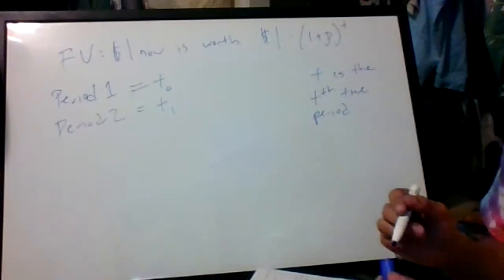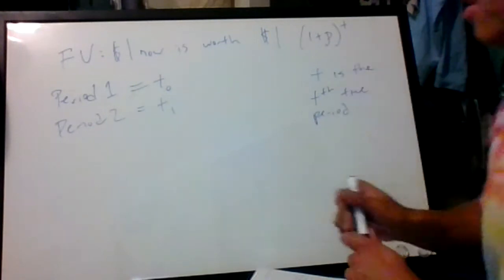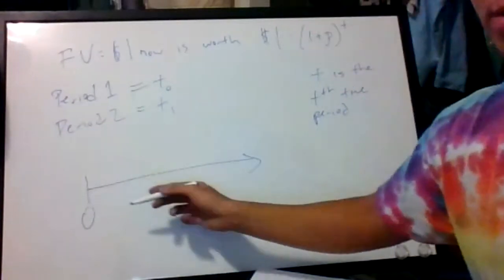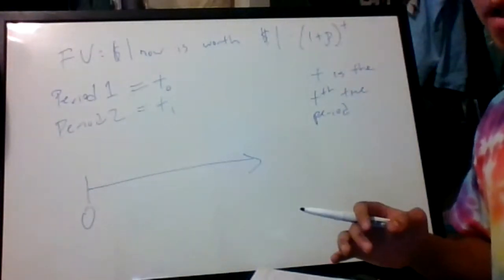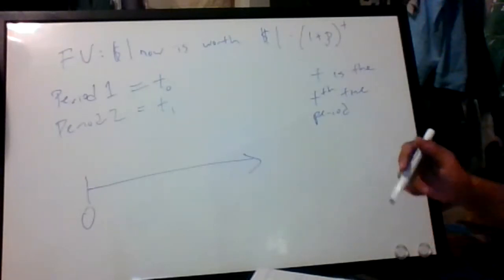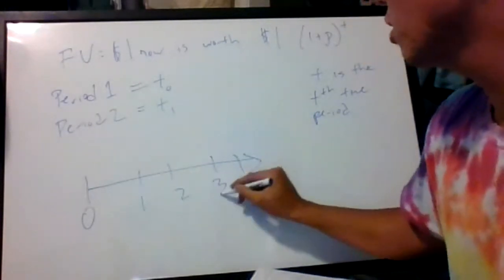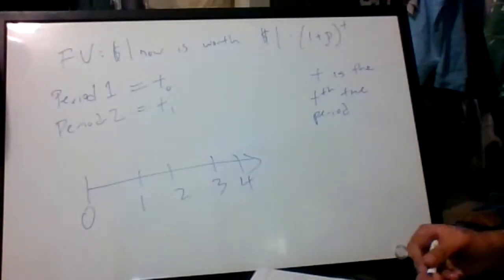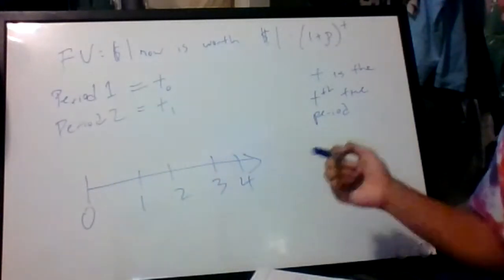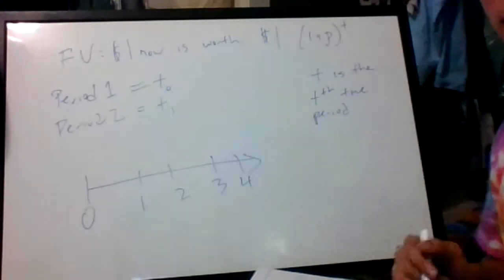The reason is that if you think about it on a number line, this is period one, but you notice that this is zero. So it's more of an indexing issue that we're dealing with. If you think about 1, 2, 3, 4 different time periods, in words, this would be period 1, 2, 3, 4, and 5. So I just want you guys to be familiar with the index and what it means.